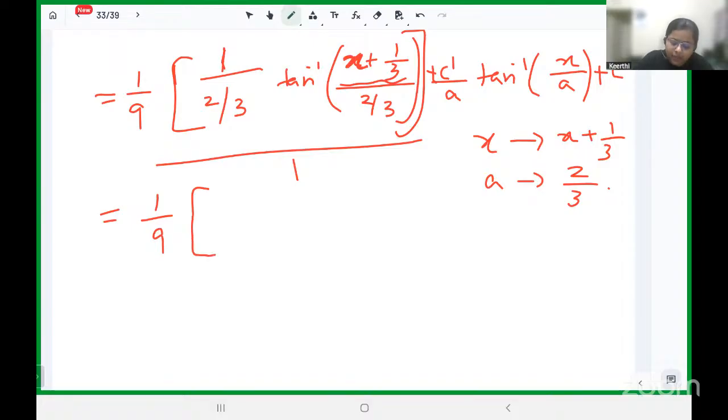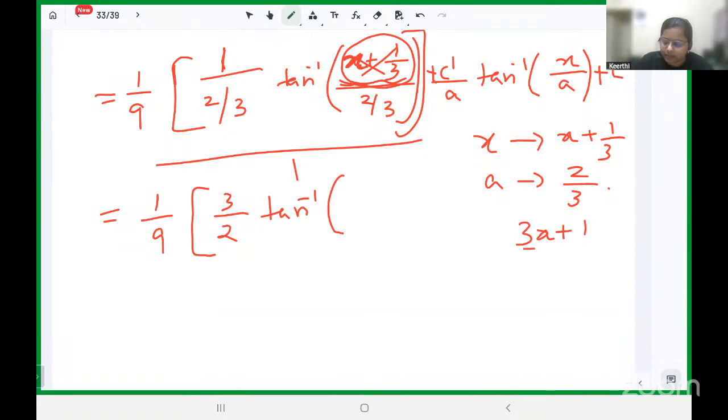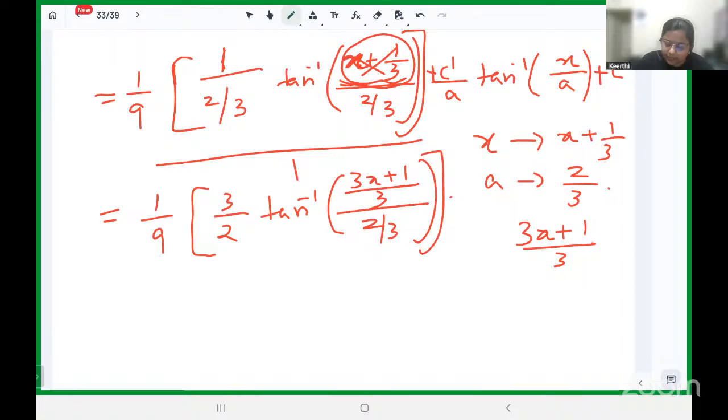So what is 1 by 2 by 3? Take the reciprocal, it will become 3 by 2. Tan inverse of this x plus 1 by 3, you can cross multiply and write it as 3x plus 1 by 3. I hope you know the basic results. So 3x plus 1 by 3 divided by 2 by 3, plus c.